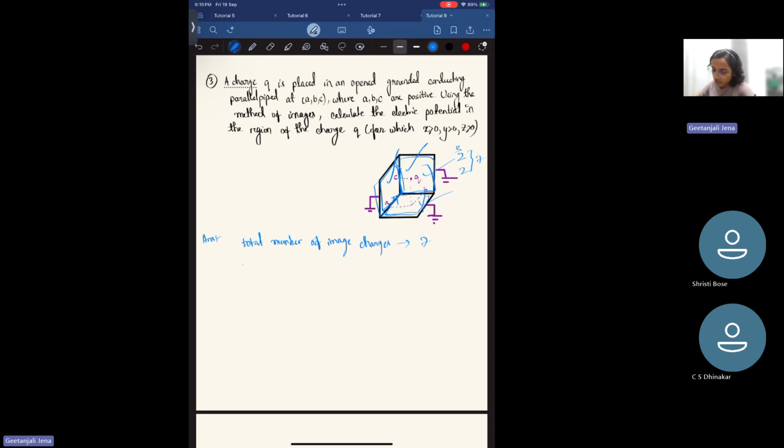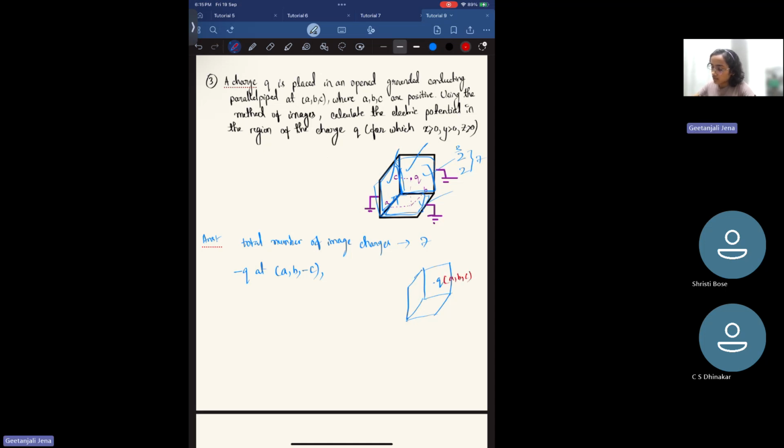Now let us find out the locations. So 1 will be minus q at A, B, minus C. So let me draw it. Q is here.